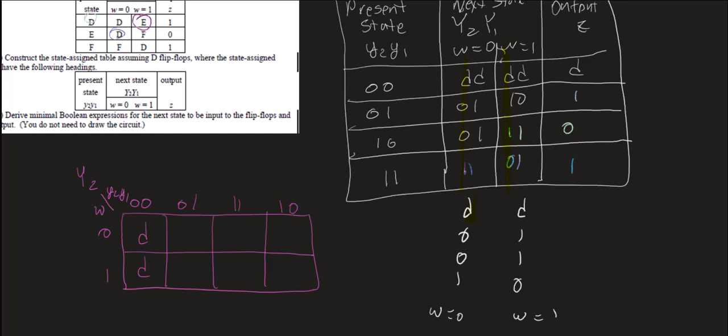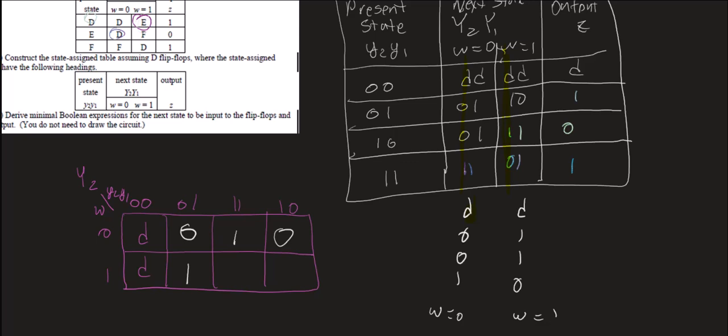When W equals 0, at 0, 1, I have a 0. At 1, 1, I have a 1. And at 1, 0, I have a 0. And then when w equals 1, I have a 1 for 0, 1.